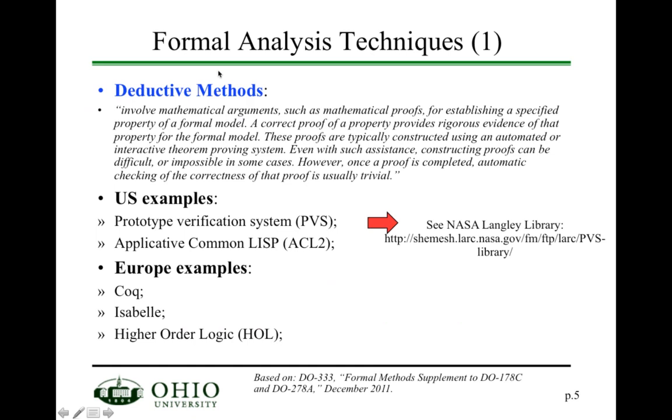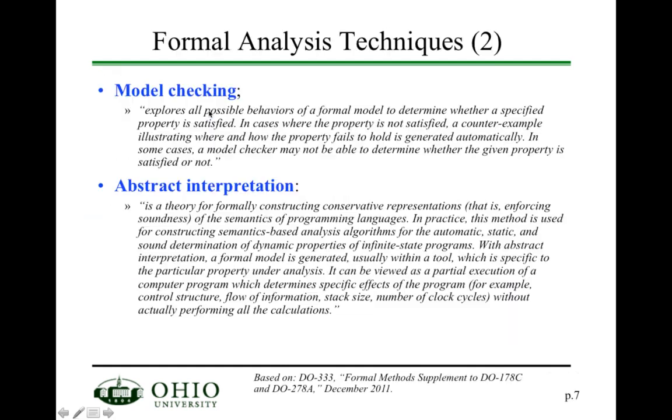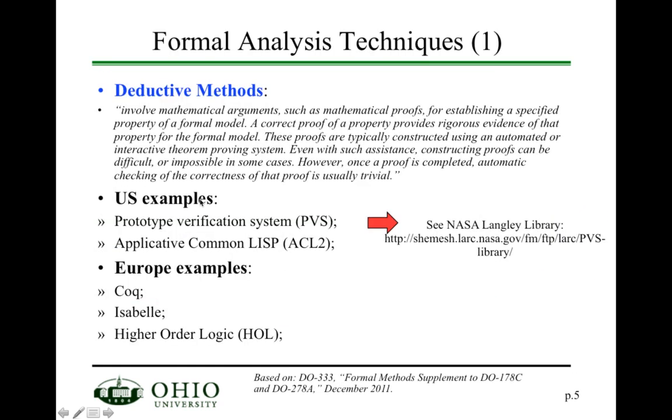There are typically three formal analysis techniques, at least that are mentioned in the formal methods supplement. One is the deductive methods, another one is model checking, and the third one is abstract interpretation.